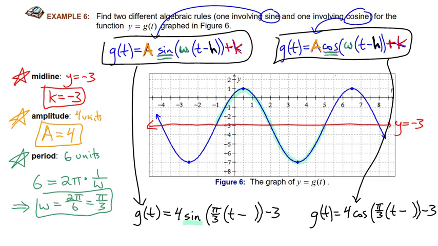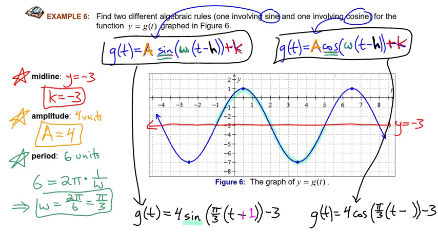Notice if we imagine the wave starting at -1, it seems to have the shape of a sine wave. So we could let h be -1, giving us our algebraic rule.